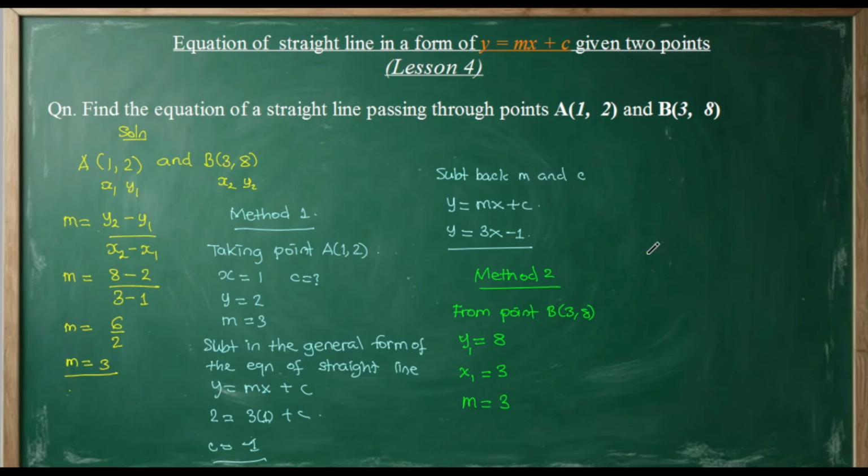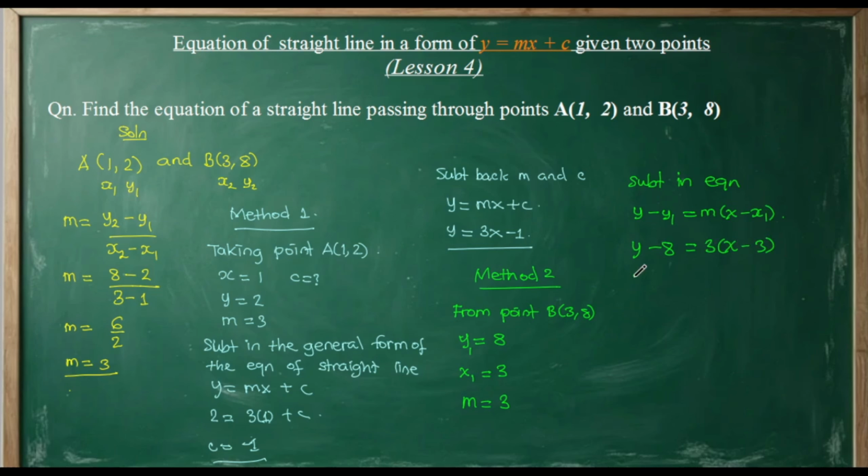So we can go ahead and substitute in a different form. This time we say substitute in the equation. The equation is y minus y1 equals m into x minus x1. So our y minus y1, and this time y1 is 8, so we have here y minus 8 equals our m, which is 3, then x minus x1, and x1 is 3.